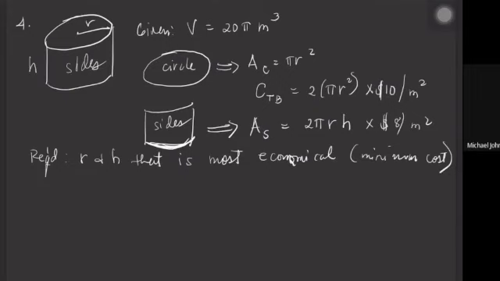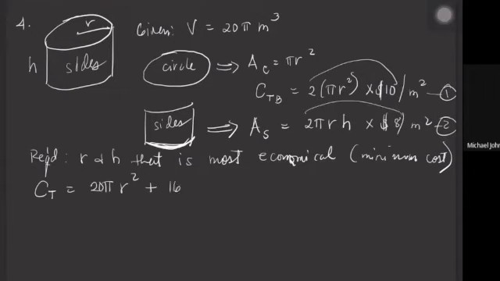So you total this two, this one, and this. Total cost, therefore, is 2 pi r squared, but 2 times 10 gives you 20. So 20 pi r squared plus 2 times 8 gives you 16 pi r h.